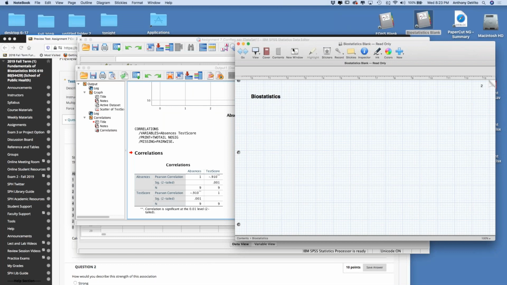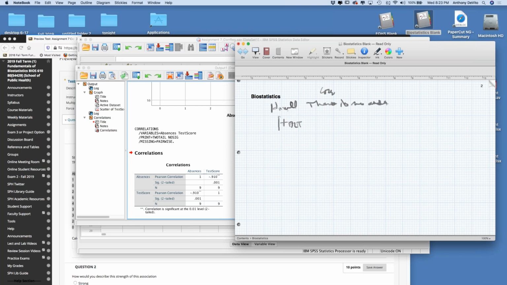Okay, so let's talk about the null and alternative hypothesis. Our null hypothesis here and our alternative hypothesis here, if I want to put it into words, and this is for the correlation coefficient, my null hypothesis is that there is no association.